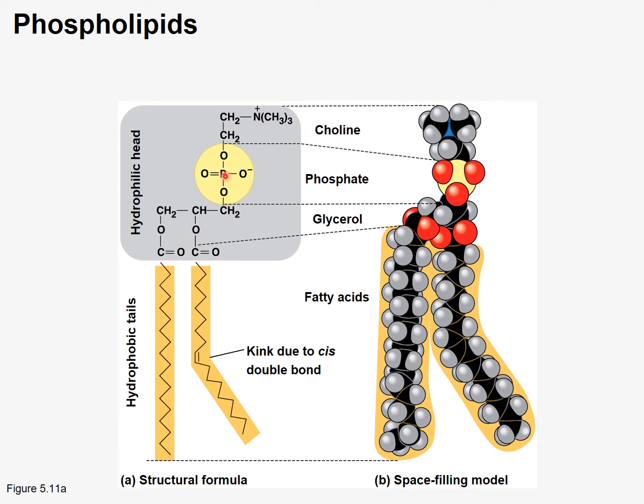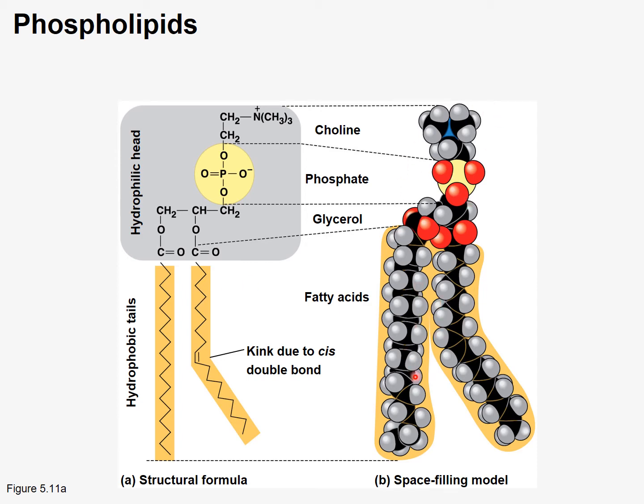And then of course the phosphate and this charged choline create more hydrophilic properties, and it's often called the hydrophilic head. But then we have the hydrophobic tails, which are made up of the fatty acids also attached to glycerol. So this molecule is what's called amphipathic or amphiphilic, and what that means is that it has both hydrophilic and hydrophobic properties.